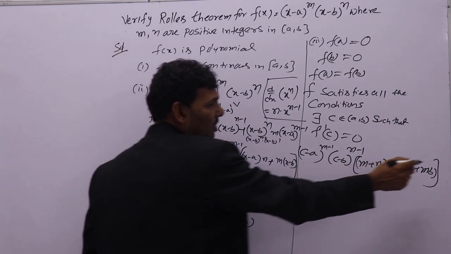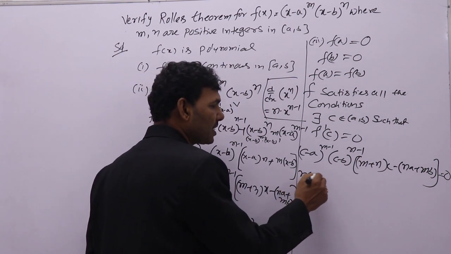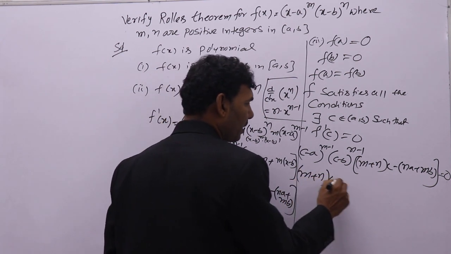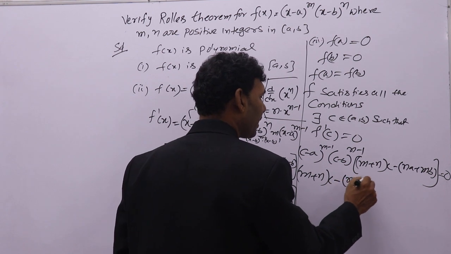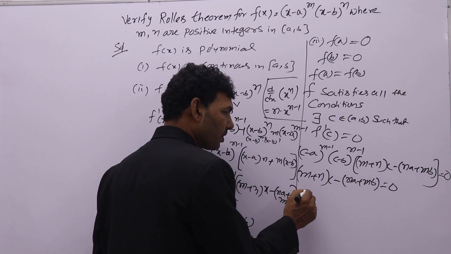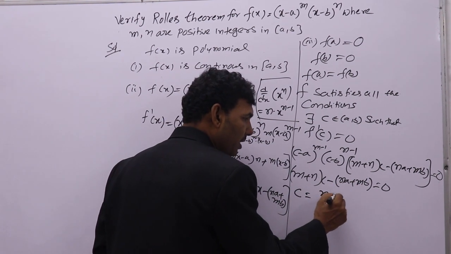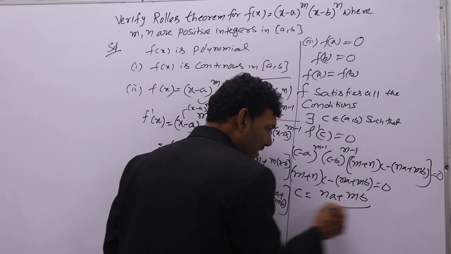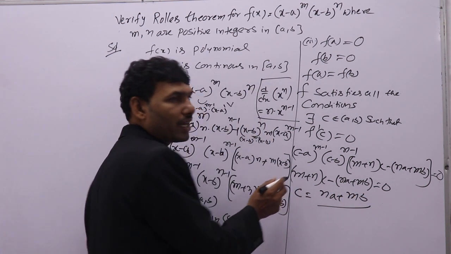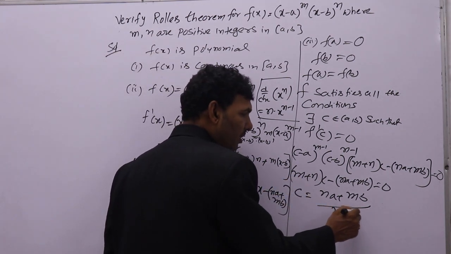Now if you send this term to the right side, that becomes 0. That means (m plus n) into c minus (na plus mb) equals 0. Send this term to the right side, then what happens? c equals, if you send this one to that side, na plus mb. Next, m plus n is multiplying, so if you take m plus n to this side, it will divide.